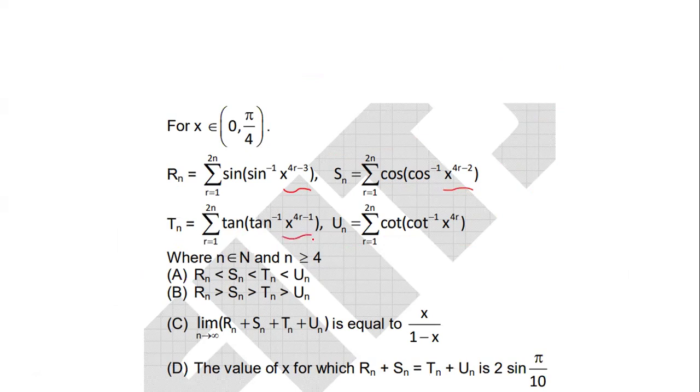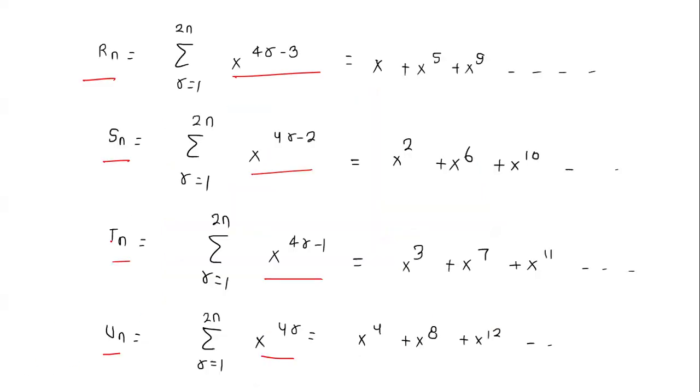In t of n we have x power 4r minus 1, and in u of n we have x power 4r. And you see the summation is r equal to 1 to 2n in all four cases.